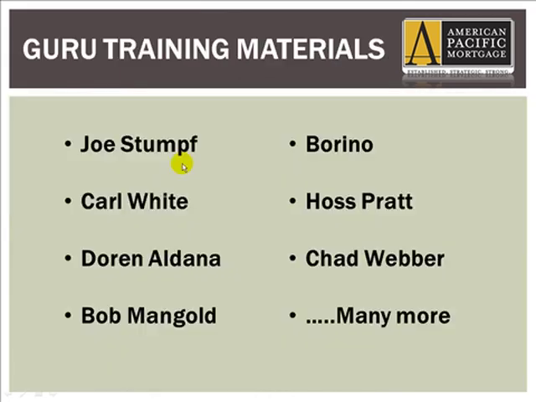We use different people that have different marketing strategies, and they're from all over the country, and they all are very different. And each one of them, we have marketing materials, and we've got subscriptions to their services. So we have hybridized a lot of their ideas into various strategies that you have just seen me lay out for you. The neighborhood domination, the video marketing, Craigslist are all part of some of the things that these guys are doing.